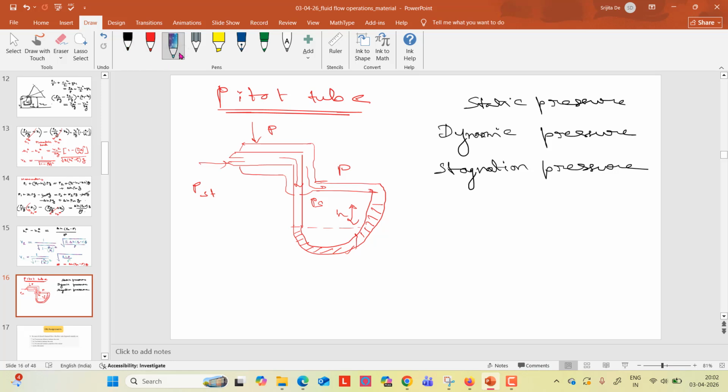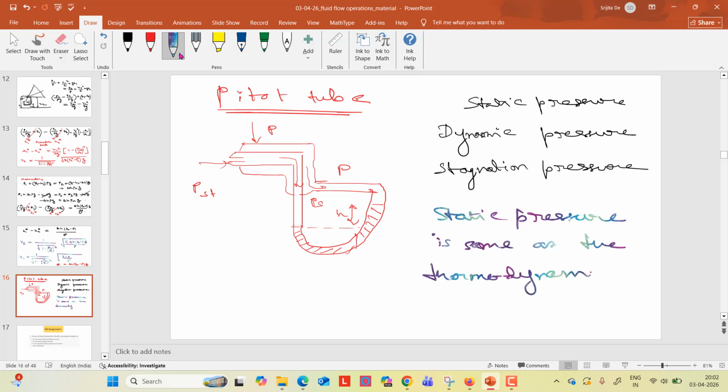So static pressure is the same as the thermodynamic pressure.